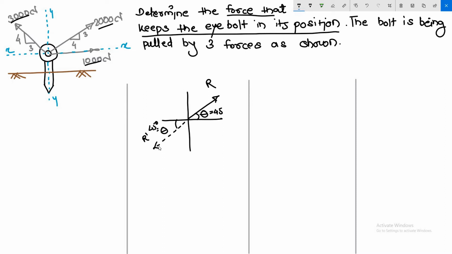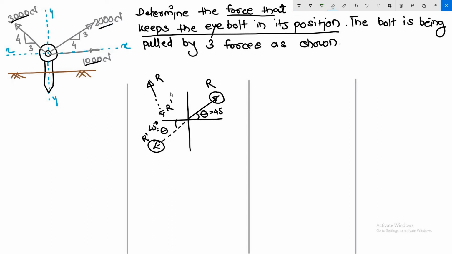The magnitude will be the same and the line of action will be the same, but the notable difference is that the direction of the resultant and equilibrant force is opposite. If the resultant is like this, then its equilibrant will have the direction like this, but they will be the same in magnitude and have the same line of action.